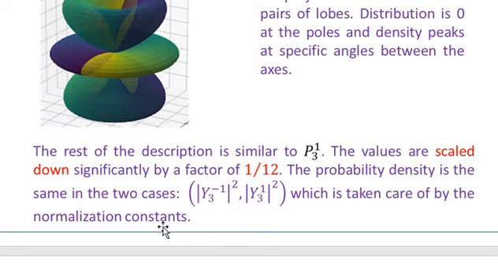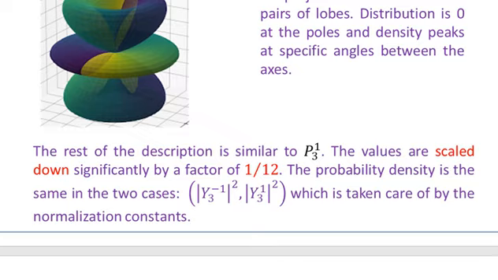The probability density is the same in two cases, which is given by the absolute square of Y31, where the Y functions are the spherical harmonics. The normalization constants used with these spherical harmonics will take care of the probability.